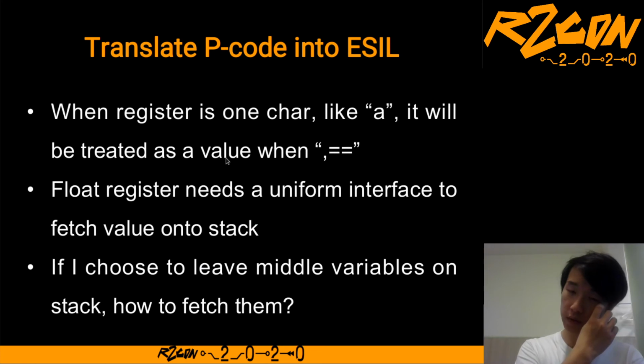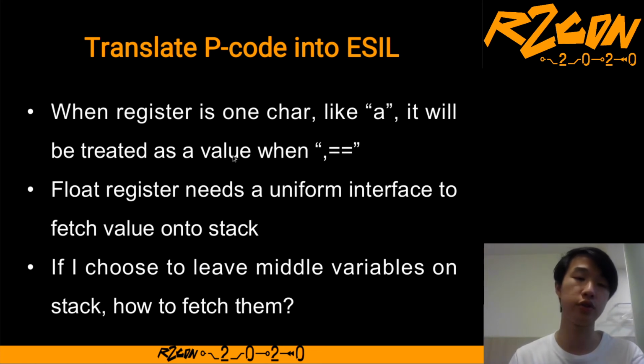Now you have the first look at the translation, so I will state the problems. When a register is just one character, like A, it will be treated as a value when doing the compare, so you have to bypass this case.